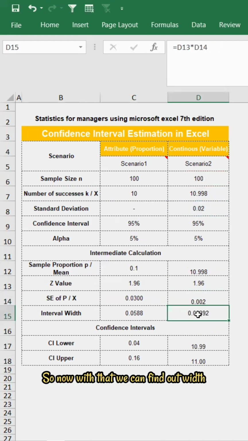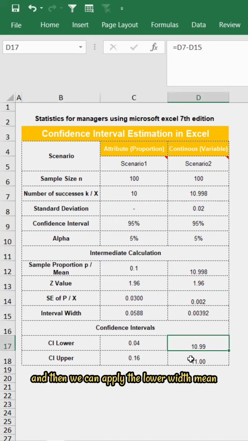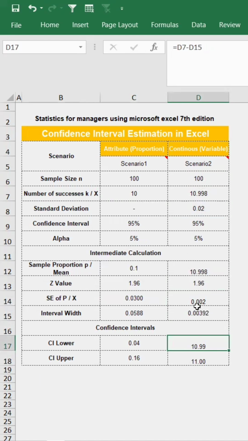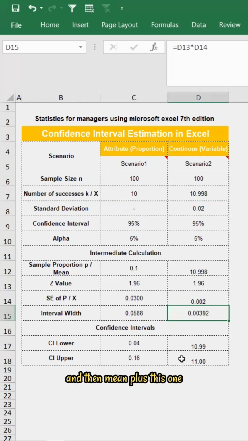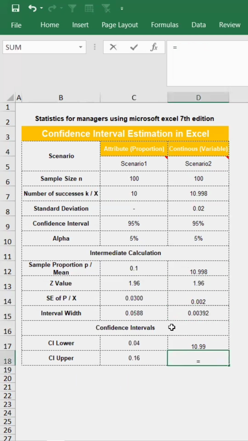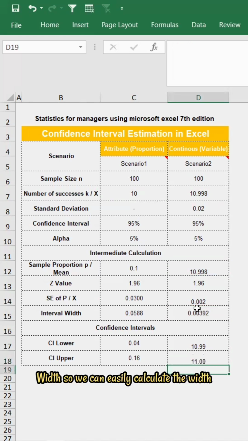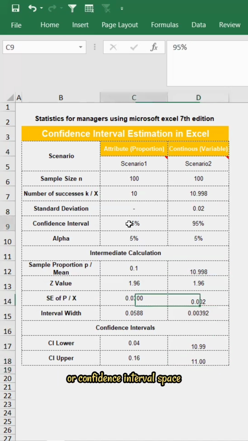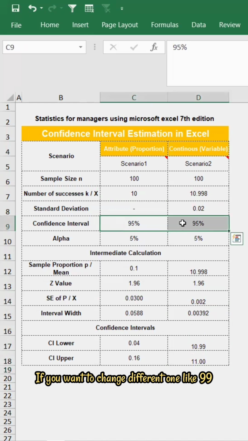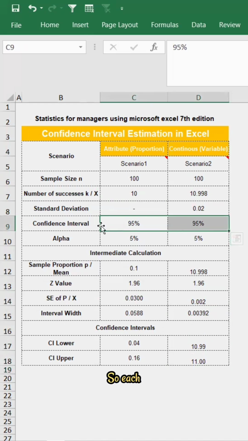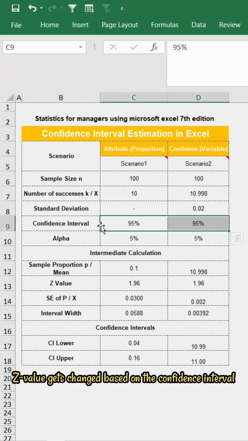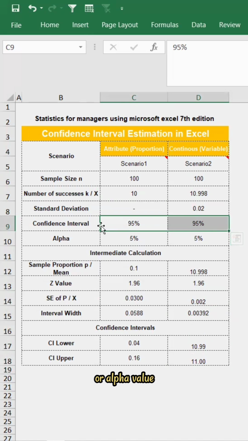With that, we can find out the width, and then for the lower limit, the mean minus this width, and then the mean plus this width for the upper. So we can easily calculate the width or confidence interval. If you want to change to a different level like 99%, that is also possible. Each z value gets changed based on the confidence level or alpha value. Thank you so much.